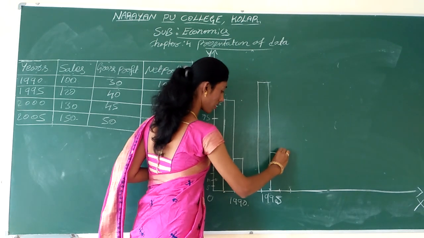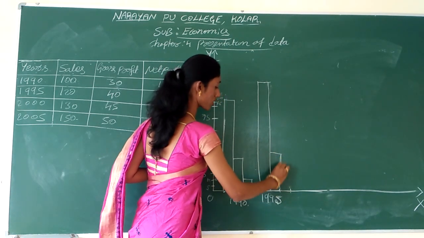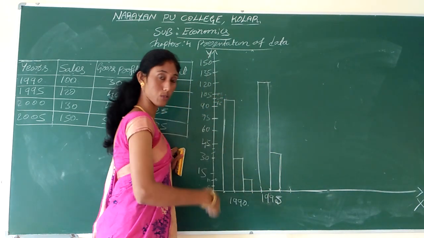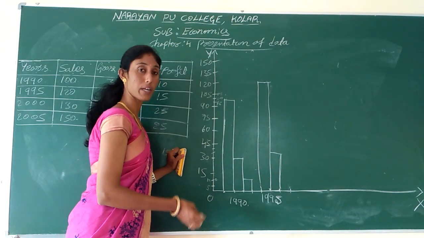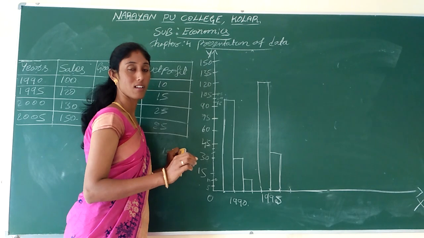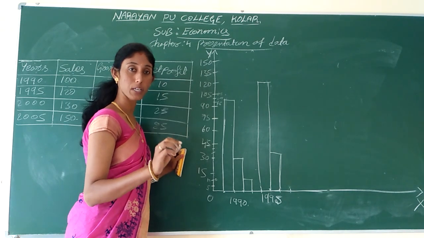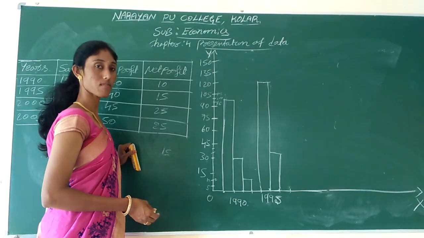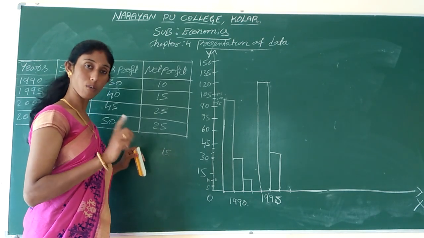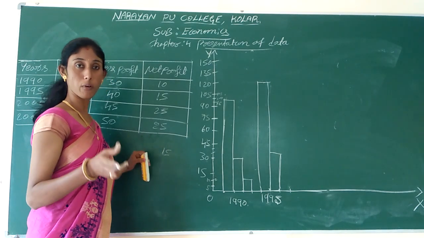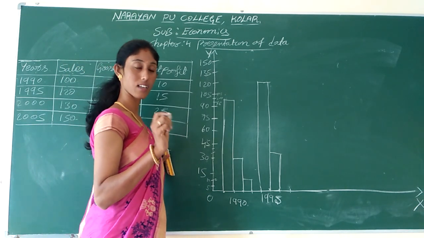Use the scale while drawing, because here I can't use a scale on the board. That's why I am not using the scale. I am drawing by my own hand, but you should use the scale. Better you buy one geometry box with materials like protractor, compass, scale, pencil, eraser.